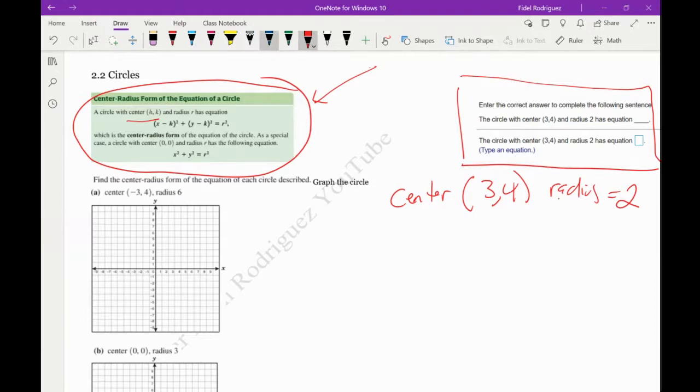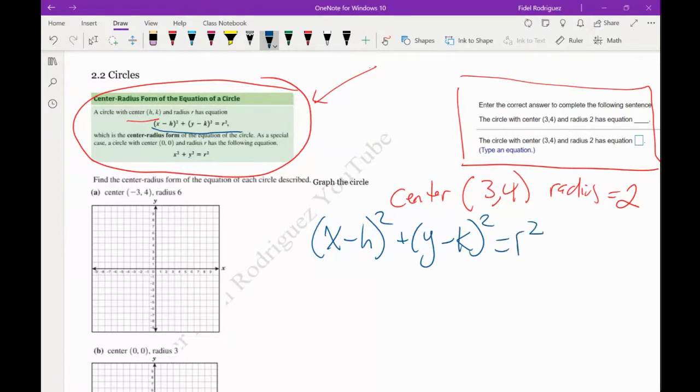And so what I'm going to do now is come back and copy this piece down. I'm going to say, look, the form says x minus h squared plus y minus k squared equals r squared. And this is the value of h. And that part right there is the value of k.